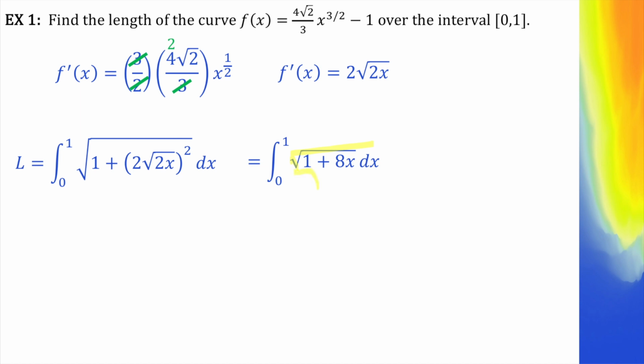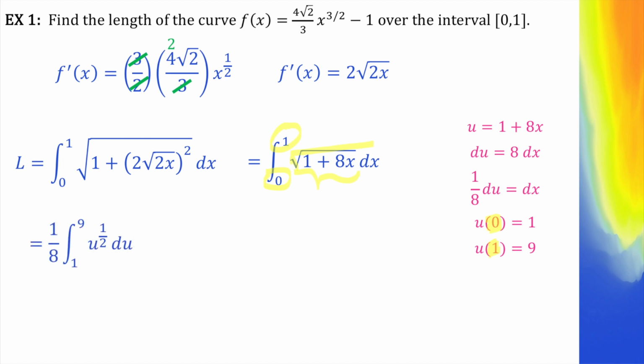And then maybe a little bit of u substitution to solve this. So u equals 1 plus 8x, du equals 8 dx, 1/8 du equals dx, and then we can change our x bounds into u bounds to make our lives a little bit easier. So the 0 x bound becomes a 1 u bound, and the 1 x bound becomes a 9 u bound.